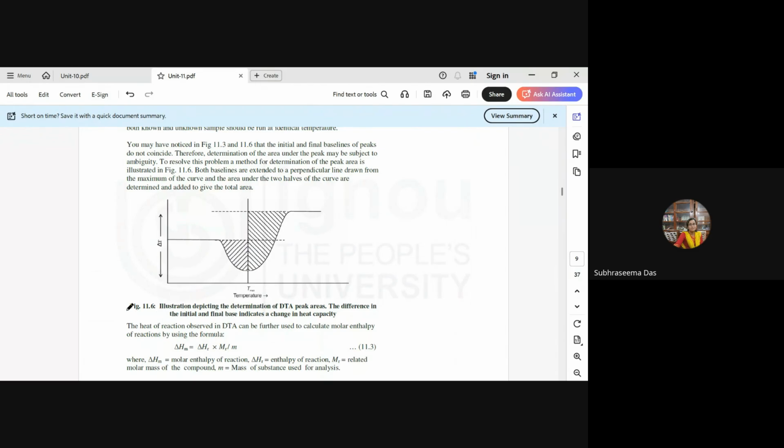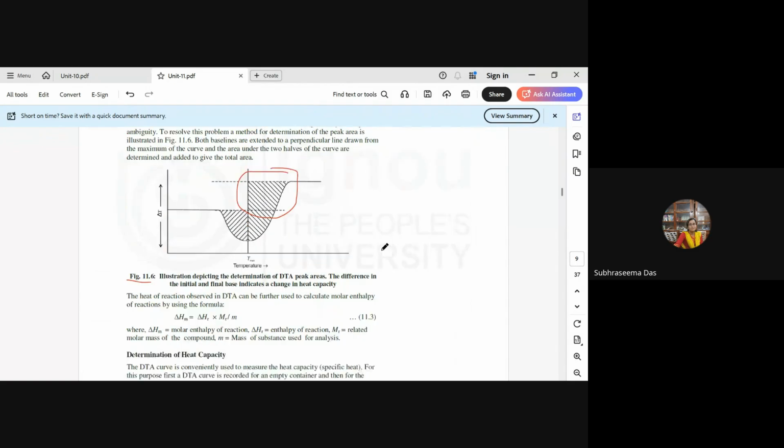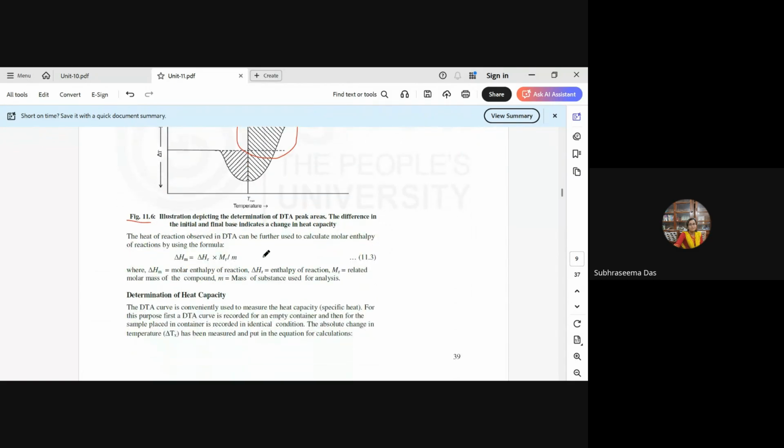So this is the illustration. Figure 11.6 illustrates the determination of DTA peak curves. The difference in the initial and final base, this is the initial and final base, shows us the change in heat capacity. The heat capacity can be calculated using this formula. Delta Hm is equal to delta Hr, which is the heat of the reaction.